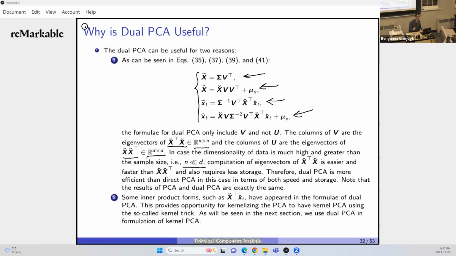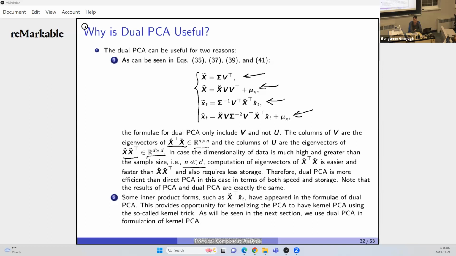When D is much greater than N, which matrix is large, which matrix is small? Is X breve transpose X breve large, or is X breve X breve transpose? D by D will be larger, because D is much greater than N, right? U was the eigenvectors of the larger matrix in this case.